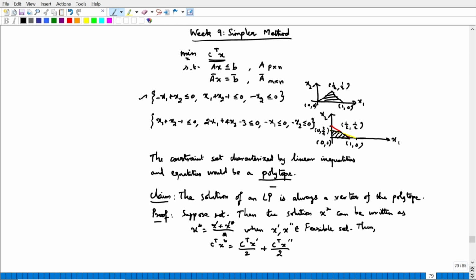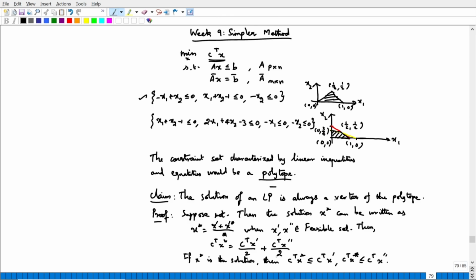So if x star is the solution, then C transpose x star is less than or equal to C transpose x dash, and C transpose x star is less than or equal to C transpose x double dash. Or I can write C transpose x dash greater than or equal to C transpose x star.